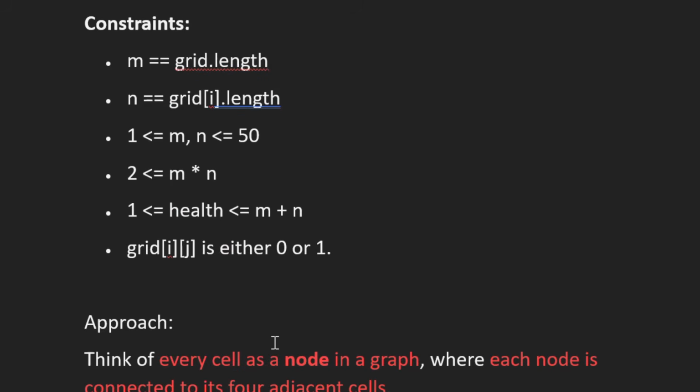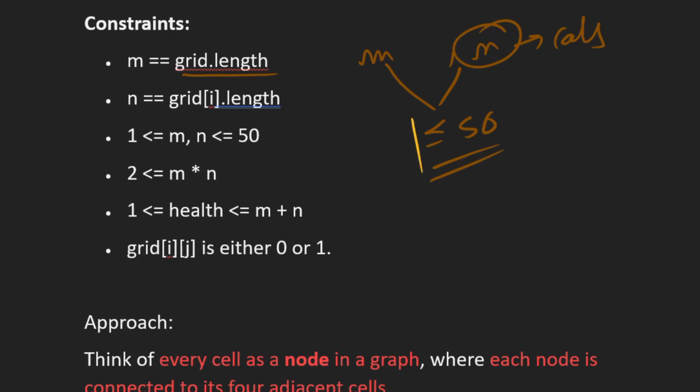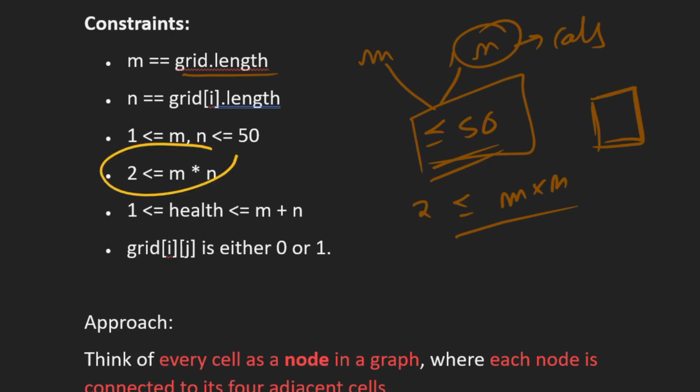Right? So let's see the constraints. So m, which is the grid length, and n, which is the number of columns in the grid. These m and n should be less than or equal to 50. It can be up to 50, and 2 is less than or equal to m cross n. That means we can't have a 1 cross 1 grid in the question.